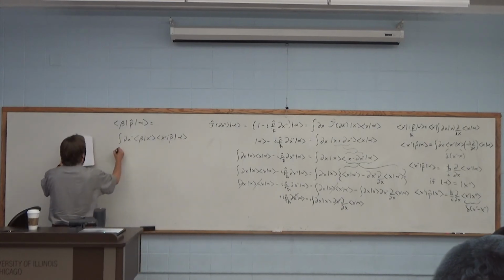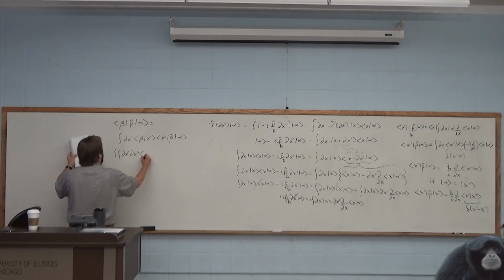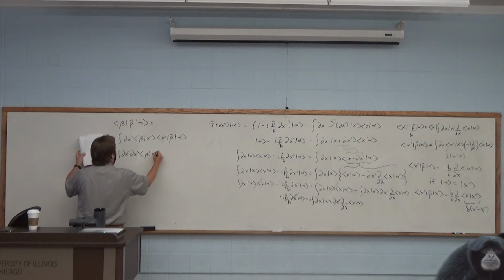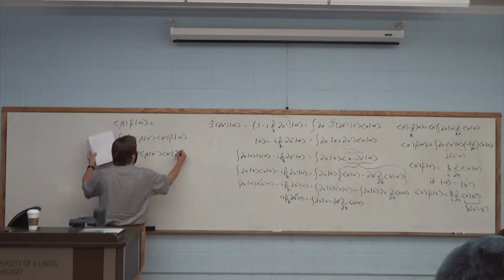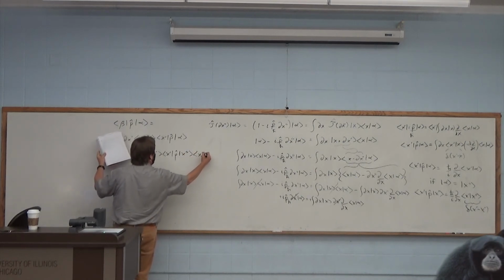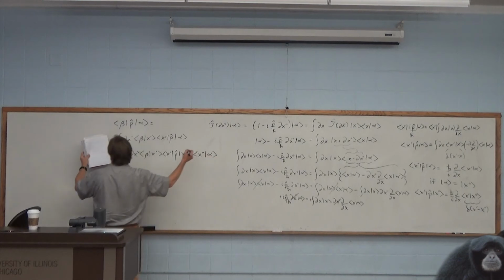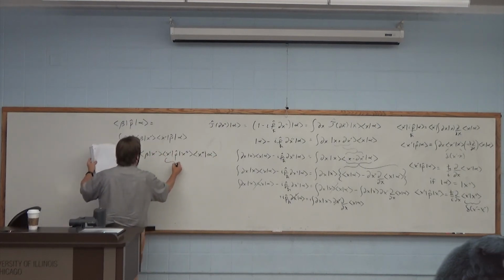Okay, then resolve an identity again. So again, you can see why, because as soon as I do that, there you go. And then this thing ends up being h bar over I.